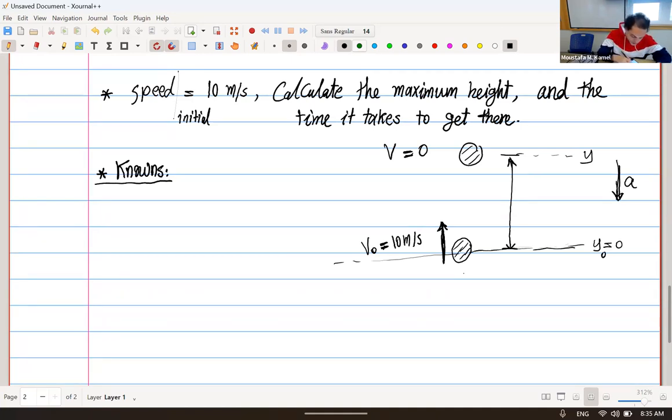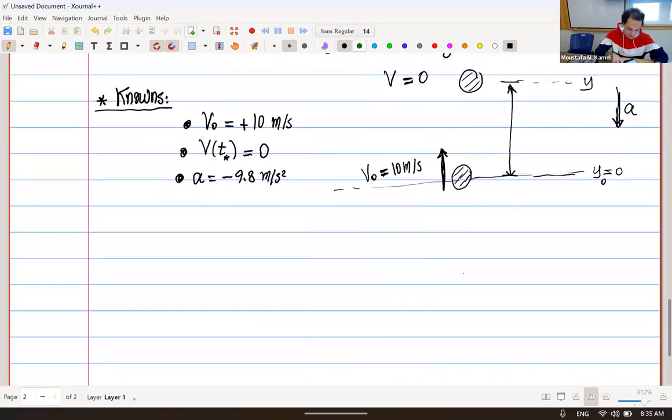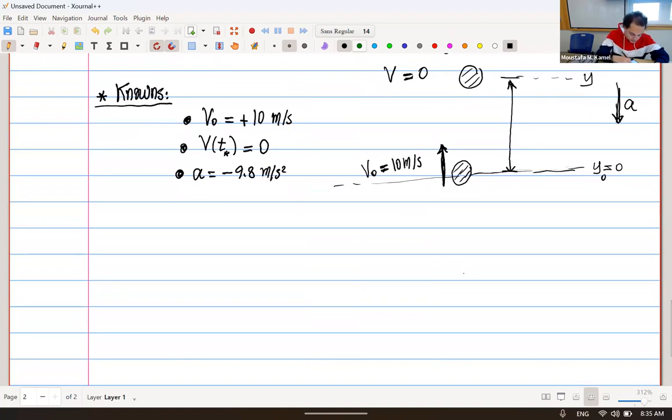So the knowns here are v naught equal to positive 10 meters per second. V at the time I'm looking for, let's call it t star, is equal to 0. This is when it stops momentarily. And acceleration is negative 9.8 meters per second squared. Those are the values I know.